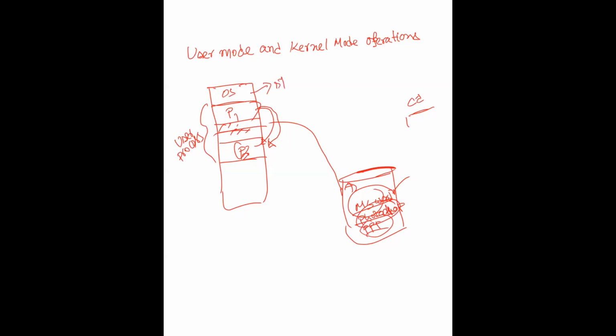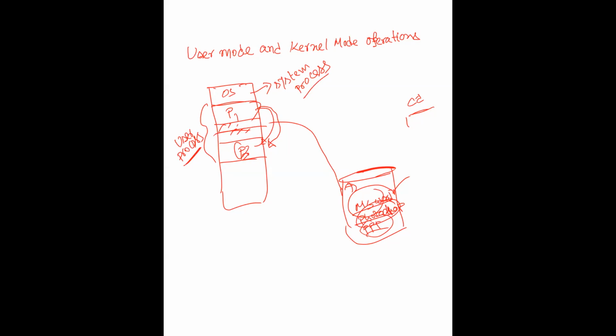So there are two types of process: one is the user process, another is the system process. When you open any programs or applications, it creates a process. This is the user process. And an example of a system process is the operating system.